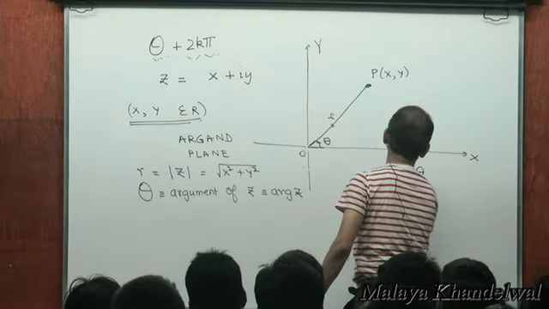Now, the location of the complex number z, the ordered pair x comma y, the point P(x, y) represents the complex number x plus iy, right?